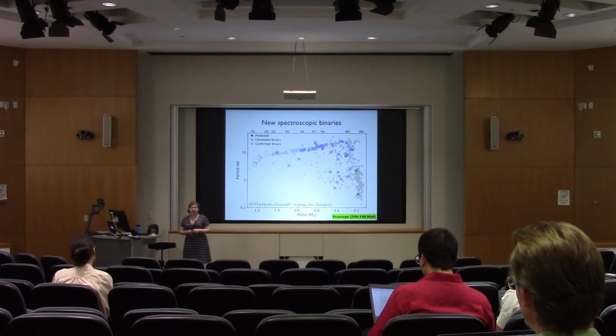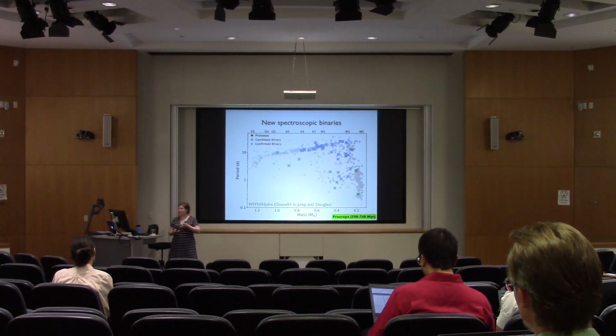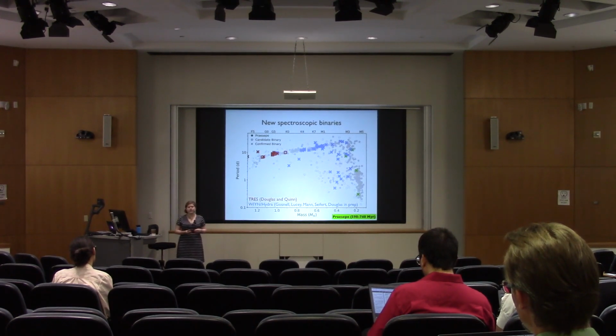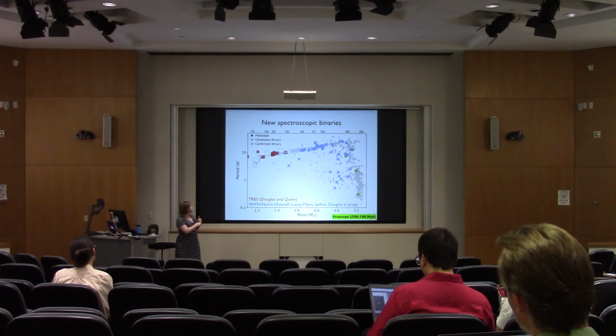There's an ongoing WIYN Hydra study that Natalie Gosnell and Andrew Mann are leading, that Maddie Lucey has also been a big part of, that has found a whole bunch of spectroscopic binaries, mostly among M dwarfs. Sam Quinn and I are working on a survey with TRES, the TRES spectrograph, of solar-type stars, and we found quite a few binaries and candidates at the higher mass solar-type end.